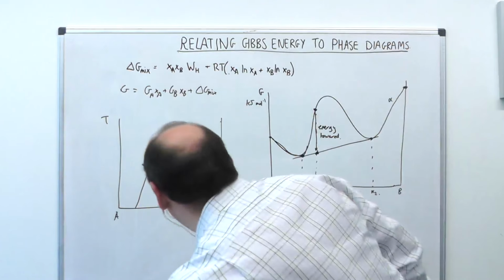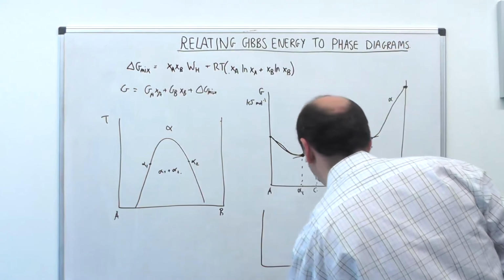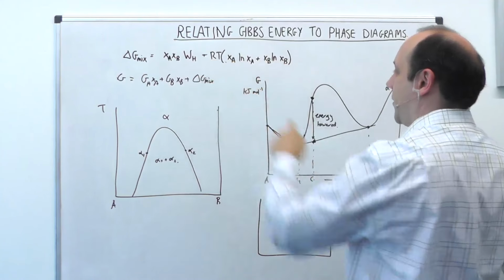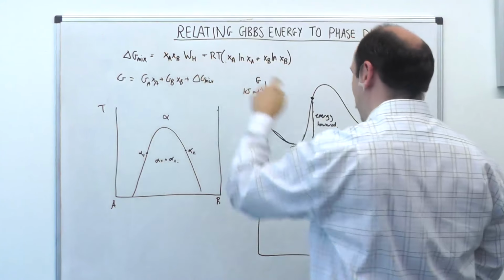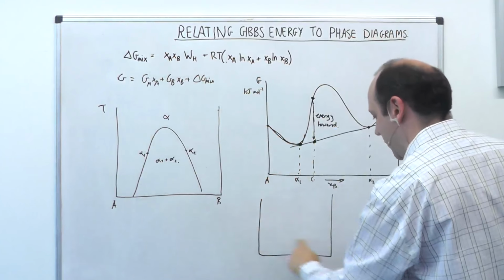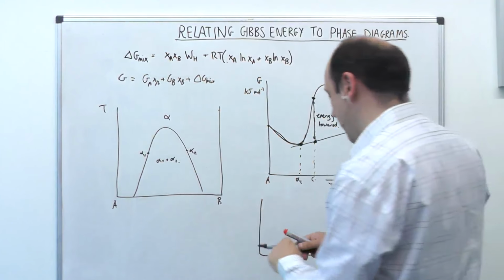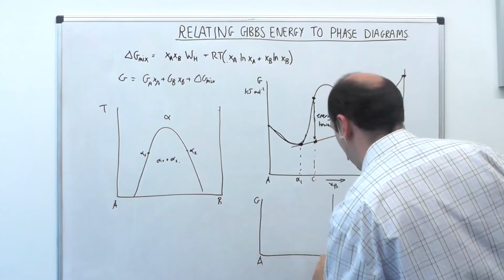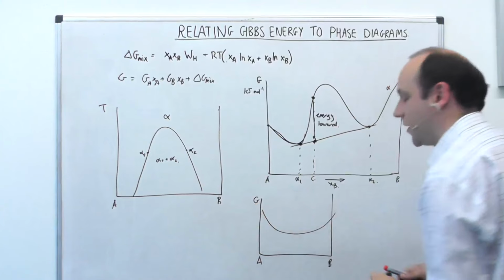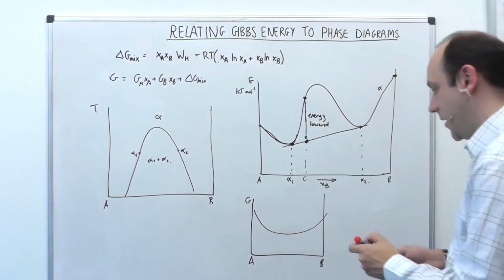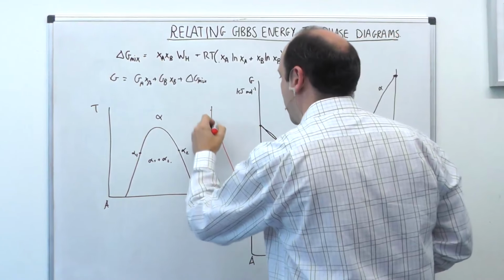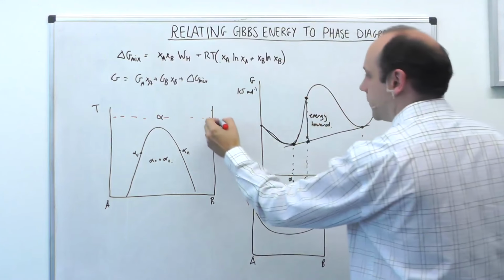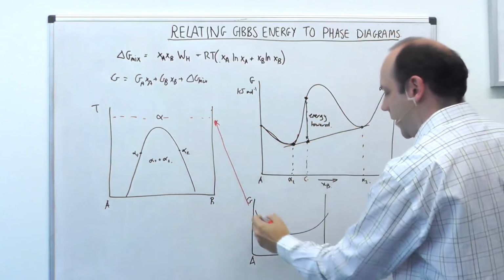So we'd have a Gibbs energy curve where we were up at high temperatures, we were dominated by this entropy term, and that had a curve that was always negative. So we'd always have then a curve for our Gibbs energy up at high temperatures that looked probably something like that. And there would be no minima here. None of these minima occur in this curve.